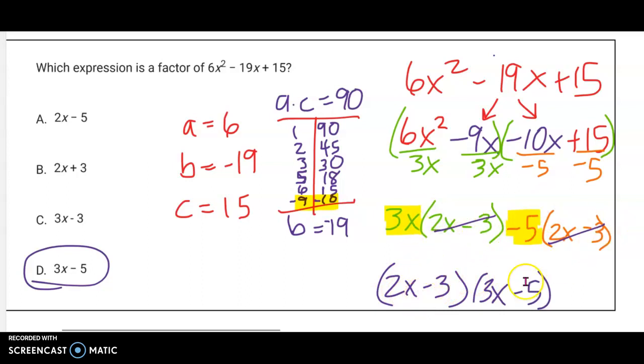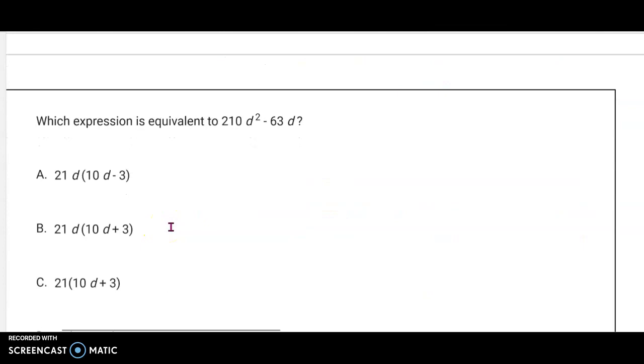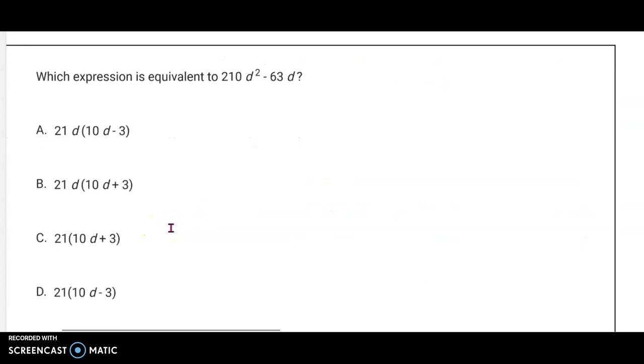What was left, the 3x and the -5, was our other factor. Okay, so it asks you which one of these is one of the factors. And so 2x minus 3 is not on there, but 3x minus 5 is. Okay. Take a moment, pause the video, and try the next question, number 13.